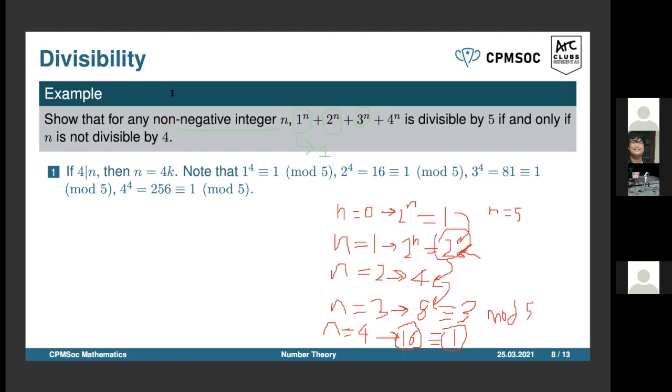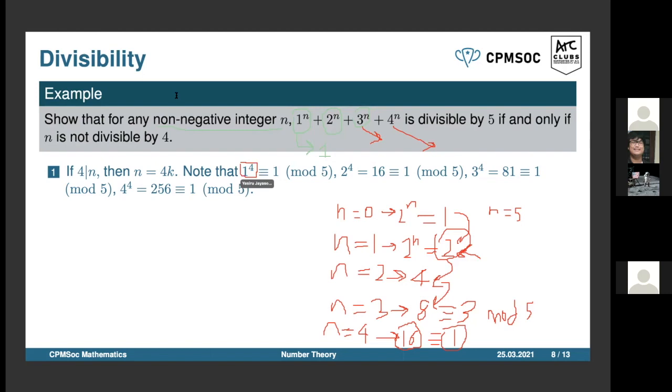So it turns out that you can also do small cases for 3 to the n and 4 to the n. And it turns out that the values of 3 to the n and 4 to the n modulo 5 will also be periodic. So it'll be in a cycle and repeat. And for all of these cases, it turns out that if you take 1 to the 4, you'll get 1 modulo 5.